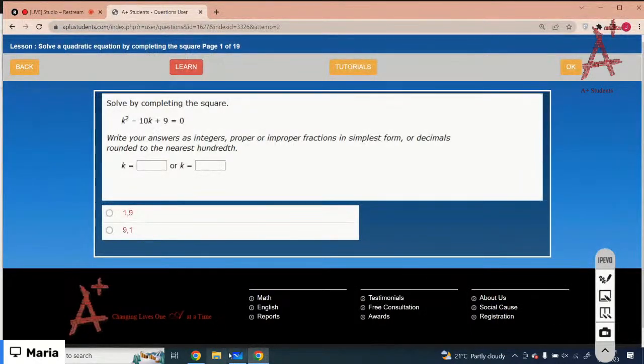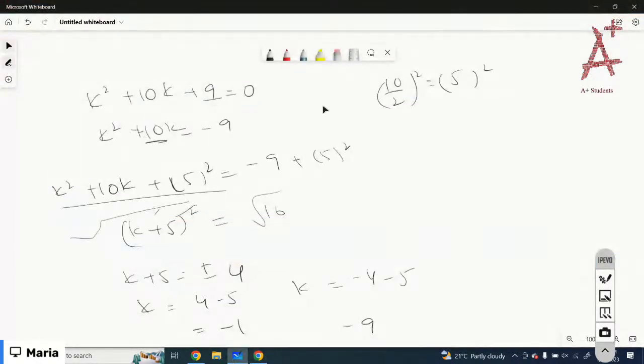So it is negative 10k, not the positive. Wait. It is negative 10k.